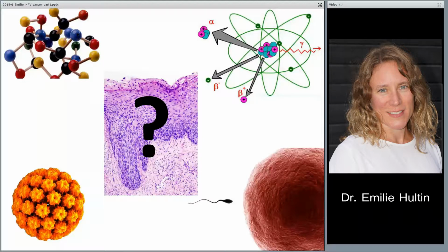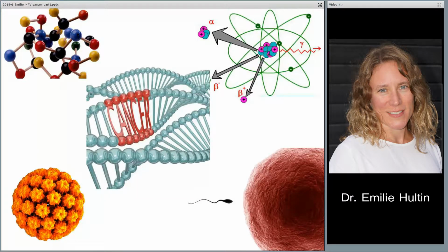Here we see a human papilloma virus particle in the lower part. HPV can actually cause this transformation into cancer. What all these causes have in common is that they change the genetic code inside the cells.